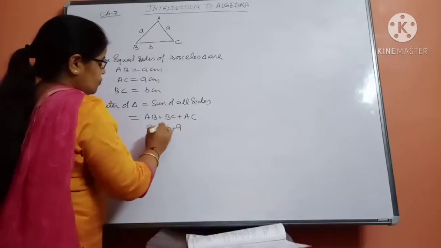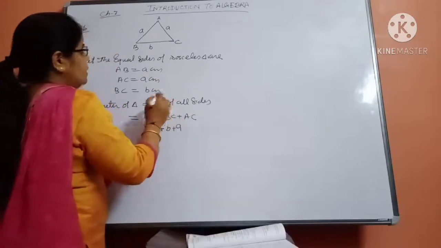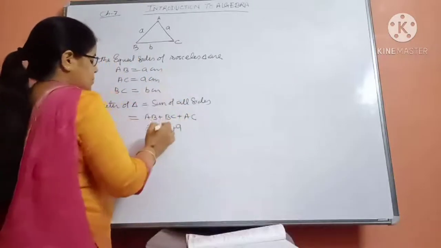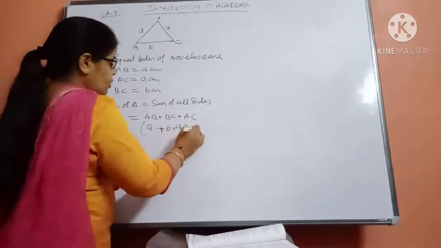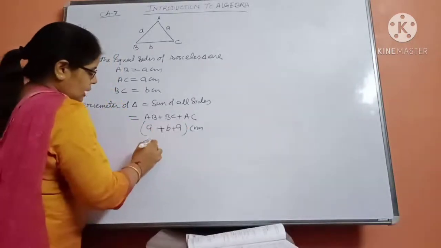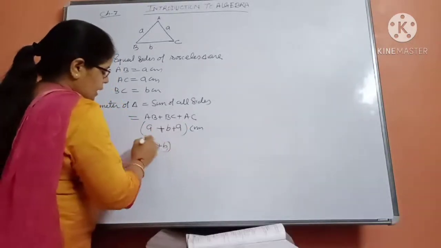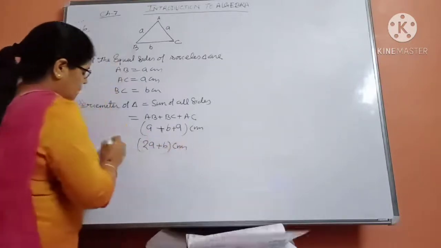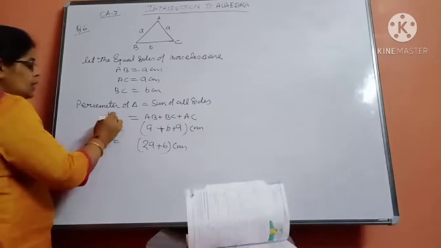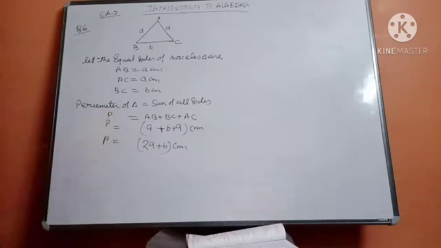It will be in centimeter. If the sides are given in centimeter, all sides will be in centimeter, so when you add them, the answer will be in centimeter. So a plus a becomes 2a plus b, and this will be your perimeter. It is so simple, you can do the question very easily.